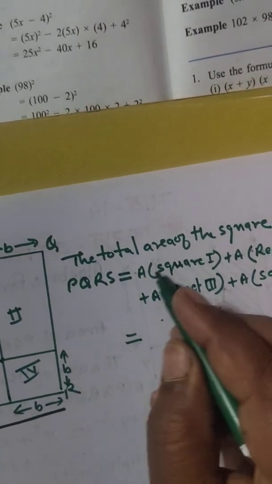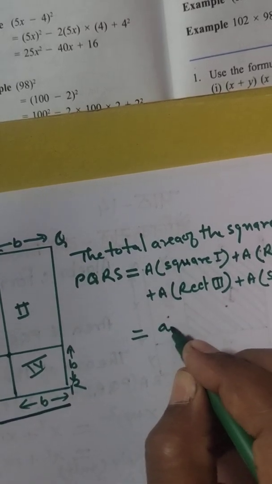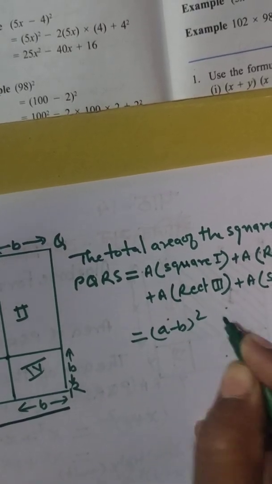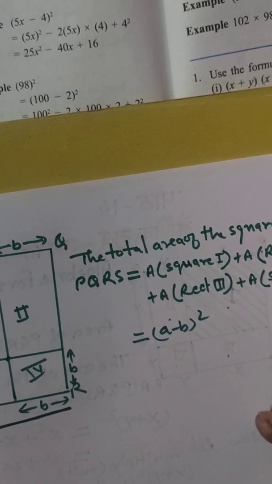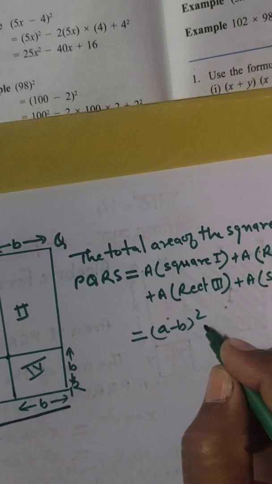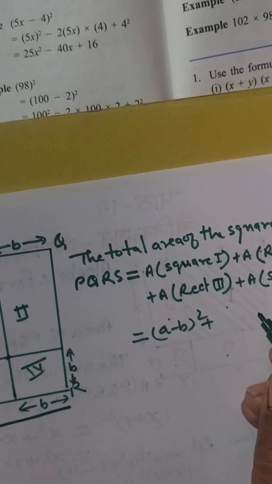Then what is the area of this square? That is A minus B whole square, because A minus B is its length, plus area of this rectangle, that is equal to how much?